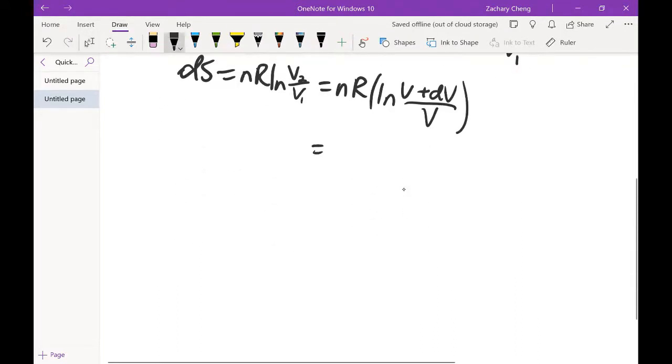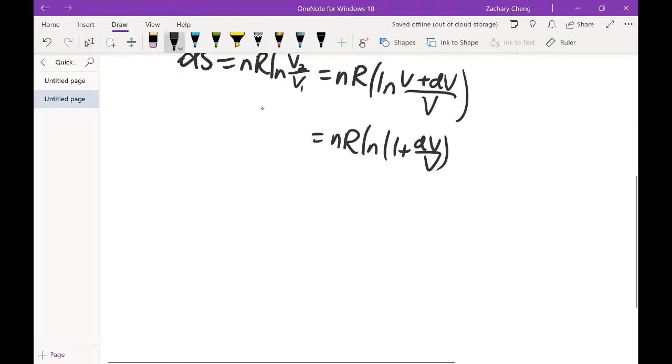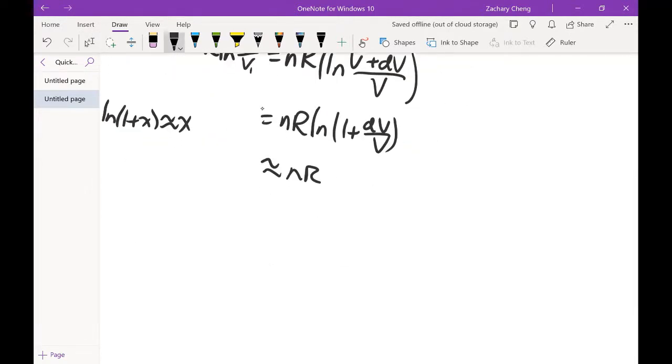So this is of course equal to nR times log of 1 plus dV over V, and since dV over V is really small, we can approximate log of 1 plus x as just equal to x if x is much smaller than 1. So then this would just be equal to around nR over V dV.